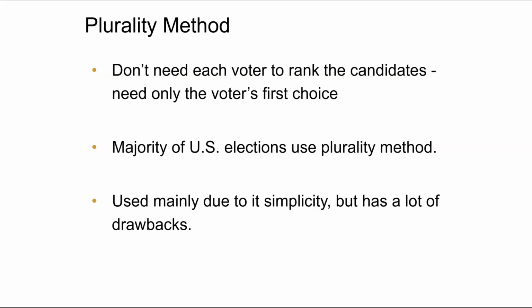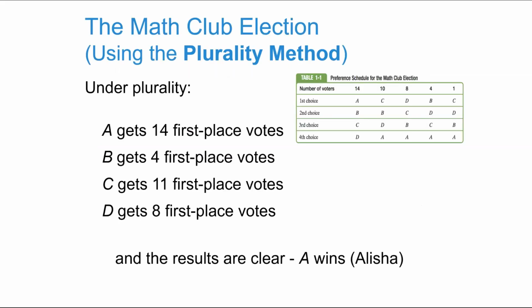So with the plurality method, we don't need each voter to rank the candidates. We don't need a preferential ballot because we only care about their first choice. The majority of elections in the United States use the plurality method, and mostly because it's really simple. Now, with its simplicity, there are some drawbacks. Let's go back to our math club election. So in the upper corner, you can see our preference schedule from earlier.